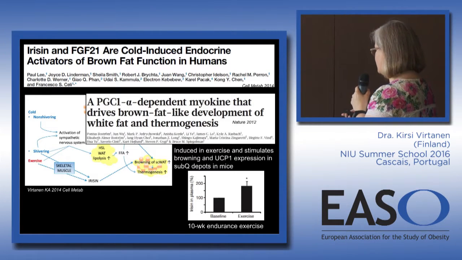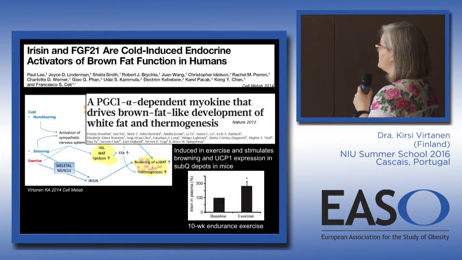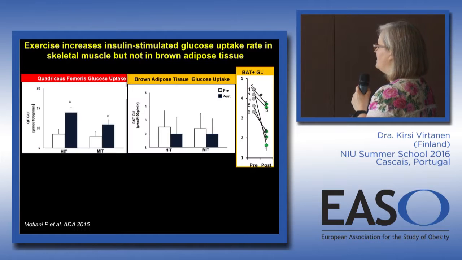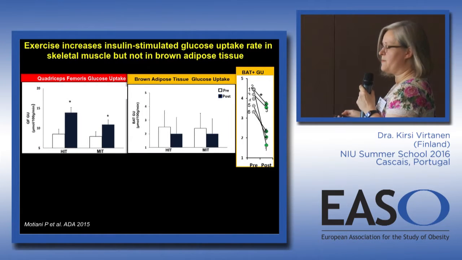We did some exercise studies in Turku, where we had high intensity training and moderate intensity training groups, which obviously were able to increase their metabolic activity and glucose uptake in skeletal muscle, but not in brown adipose tissue.